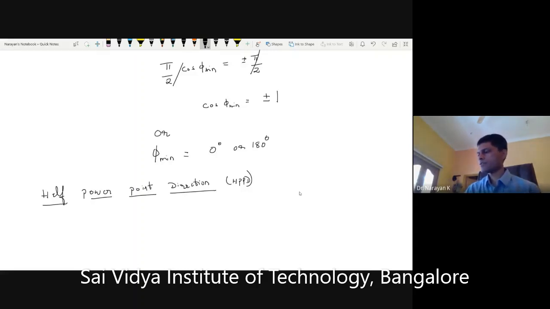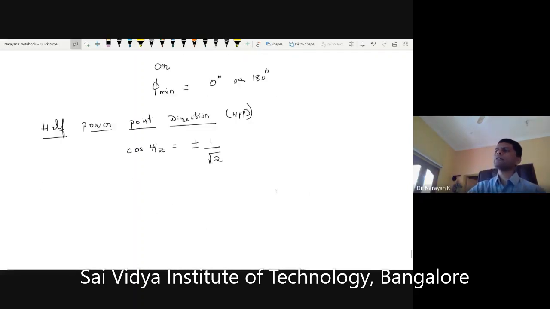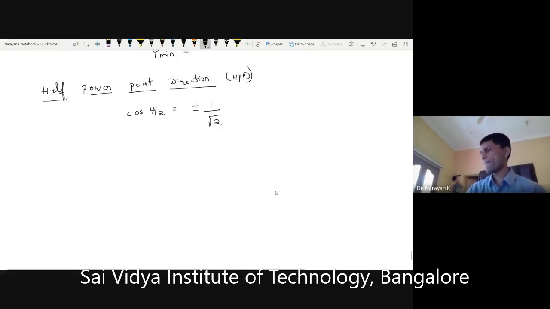In case of this, I'll equate cos of psi by 2 is equal to plus minus 1 upon root 2 for your half power point direction, or cos of beta d cos phi whole thing. If you again do, you will get pi by 2 cos phi is equal to plus minus 1 upon root 2.